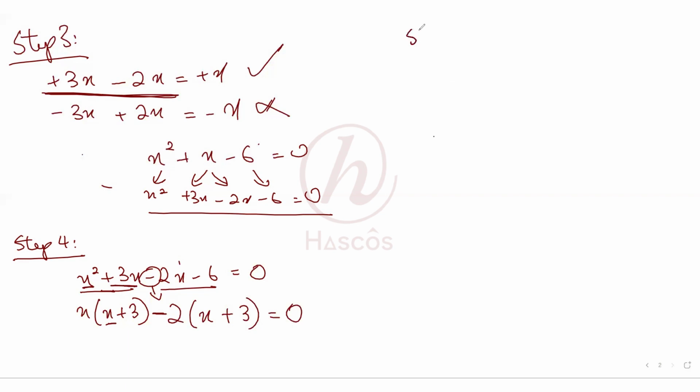Now, step number 5. Once again, extremely identical. We write the simplified factorized equation from step number 4. Now, do we have a common bracket? X plus 3, x plus 3? Yes. That means that everything up till now was perfectly alright. Now we're going to take the common bracket out as common.